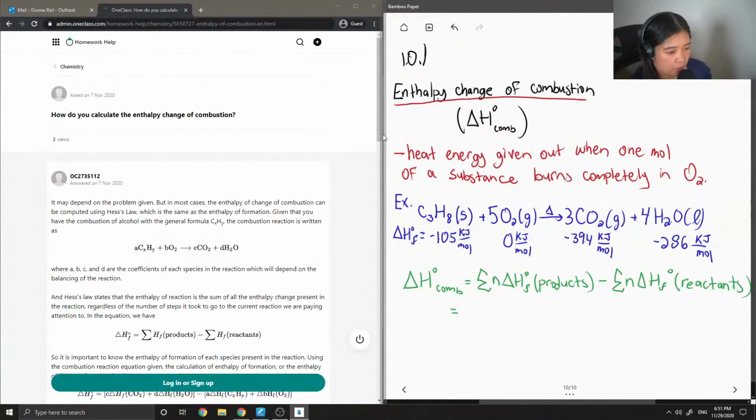So first, for our products, it's going to be 3 moles. So first, let's look at the CO2. So 3 moles times negative 394 kilojoules per mole.